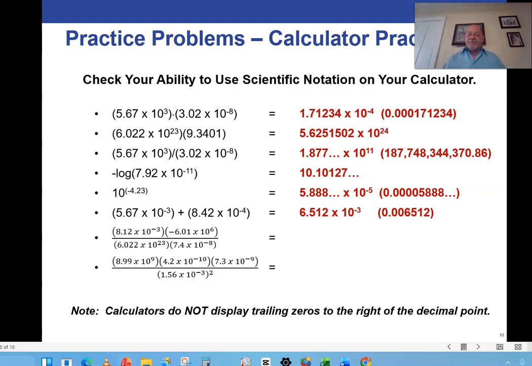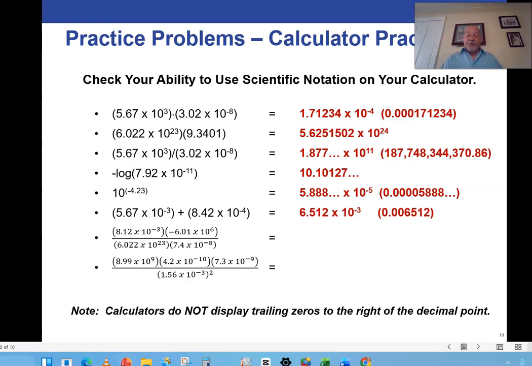And the next two problems involve multiplications and divisions, all with scientific notation values. We have 8.12 times 10 to the minus 3 times negative 6.01 times 10 to the 6, and that is all divided by 6.022 times 10 to the 23, Avogadro's number, and it is also divided by 7.4 times 10 to the minus 8.